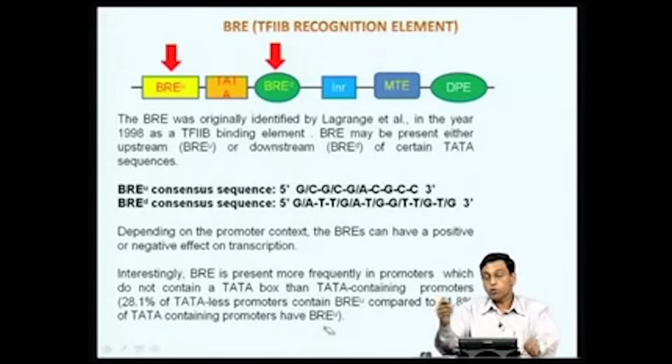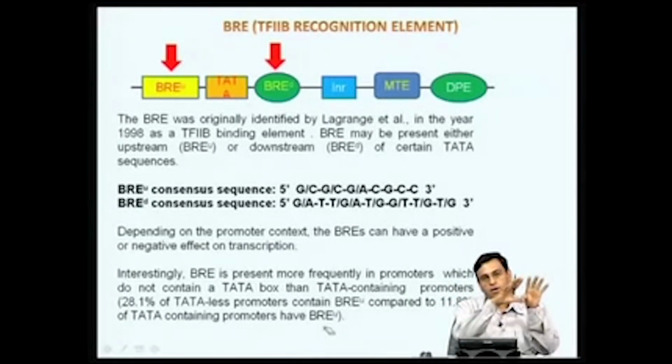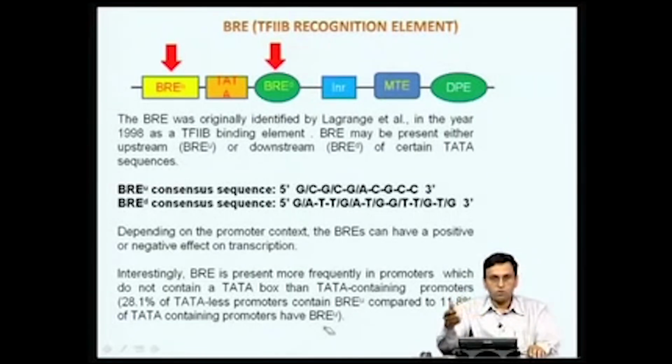So, you can already see the diversity in the core promoter elements. Some eukaryotic promoters contain the typical TATA box, whereas in some cases the TATA box function is replaced by initiator. In certain other promoters, you have neither initiator nor TATA box, but you may have something called a BRE.